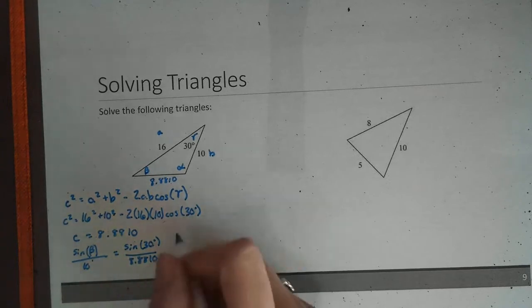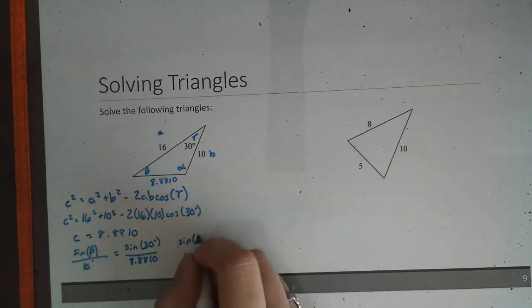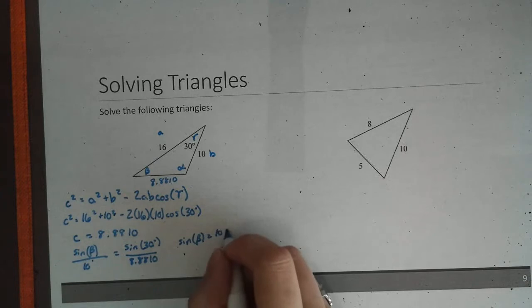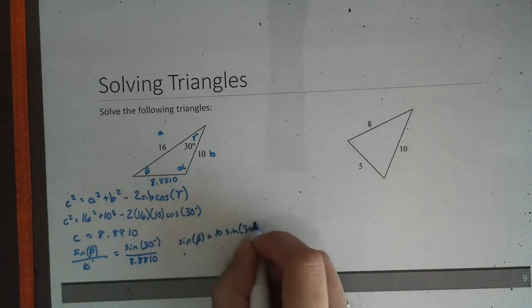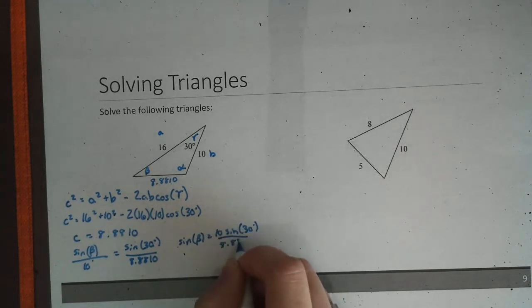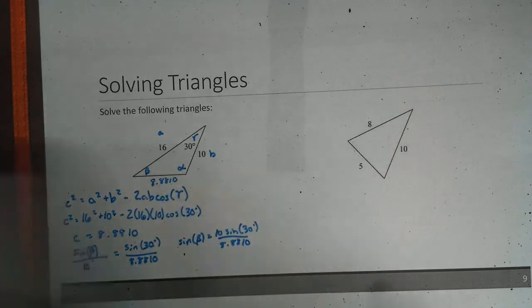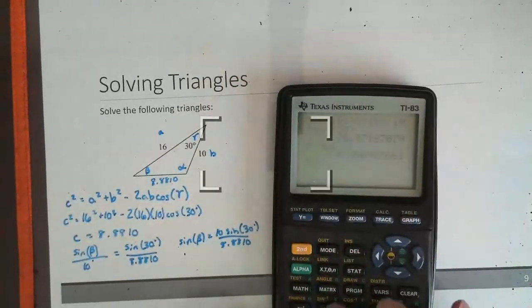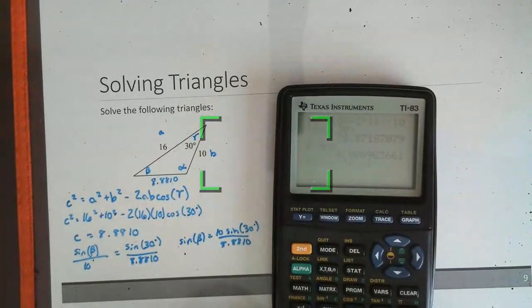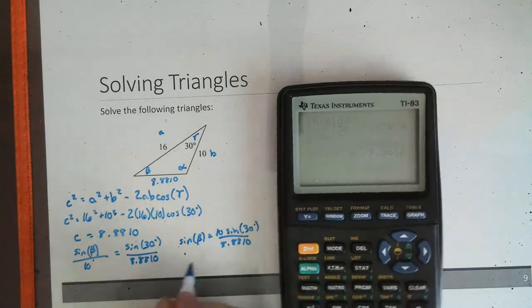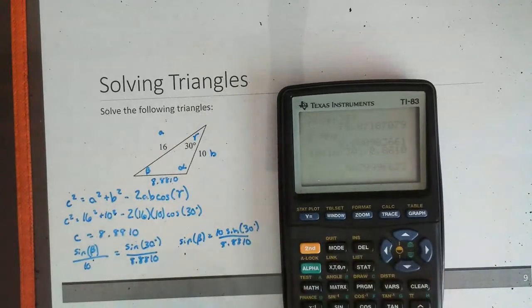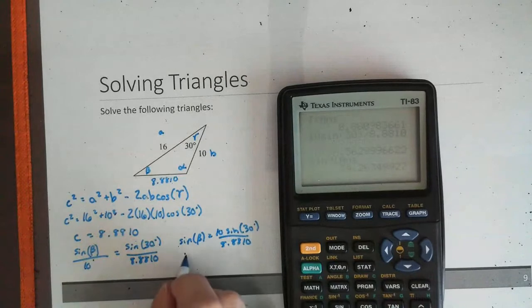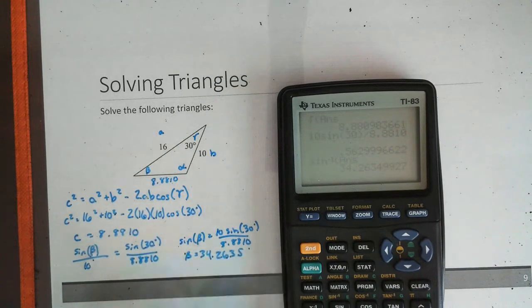If I multiply both sides by 10, I get the sine of angle beta is 10 sine of 30 degrees over the 8.8810. 10 sine of 30 degrees divided by 8.8810, and then inverse sine, tells me that angle beta is 34.2635 degrees.